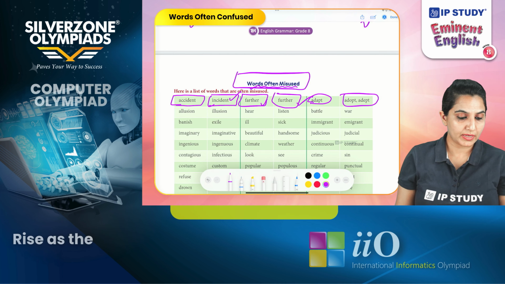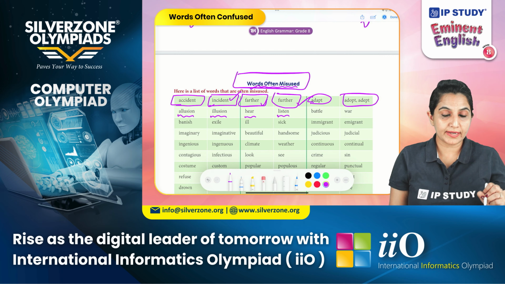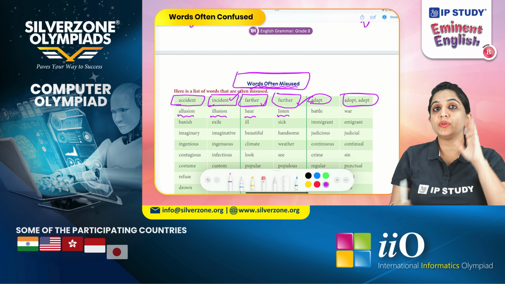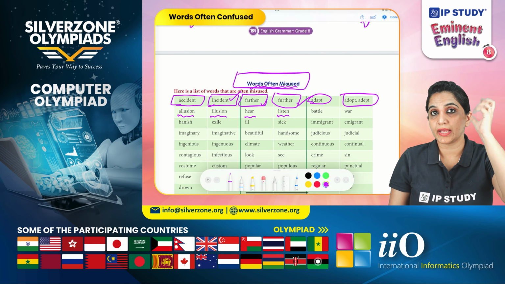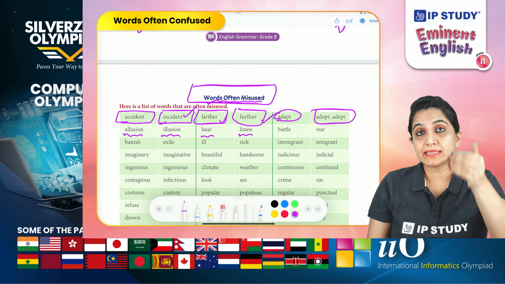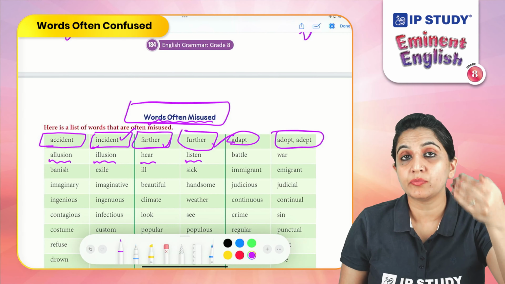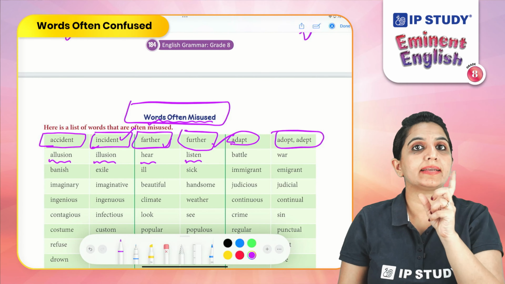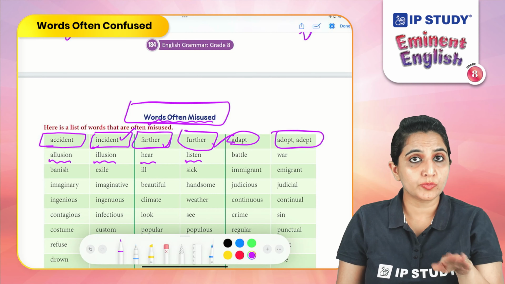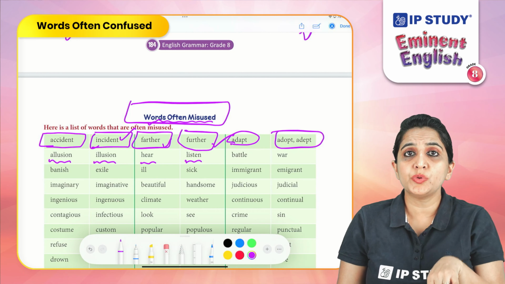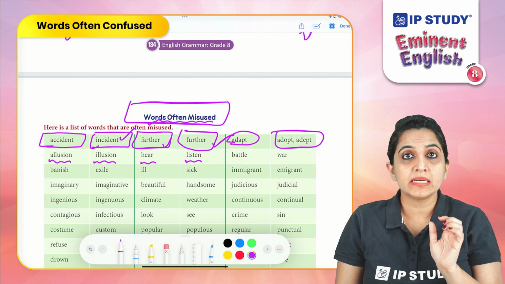Similarly, illusion, allusion. Hear, listen, right? So hear is something when you heard, when you are hearing, that I can hear a sound, I can hear a thunderstorm. Listen is when you're actively involved. That means you're listening attentively and you're understanding what you're listening to, right? Now these are not homophones, not homographs, but we just use them incorrectly in our sentences.